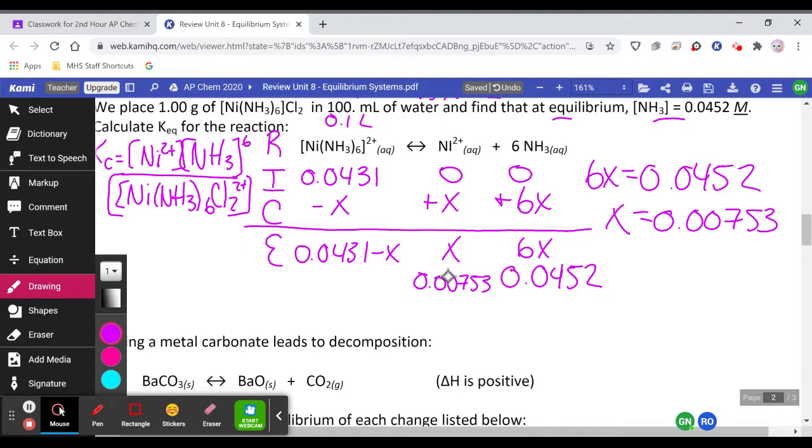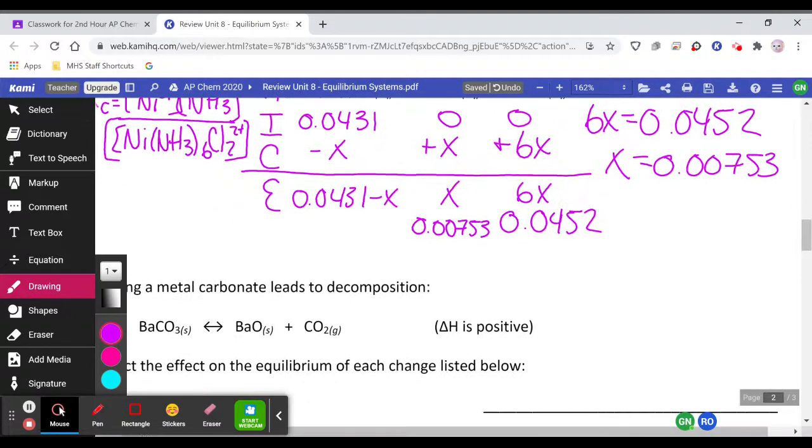Okay, and then my concentration here for my reactant, if I do that math, I get, oh, well, I actually didn't do that for that, so we'll just skip that. Let's plug everything in. So we get K sub C equals 0.00753 multiplied by the 0.0452.